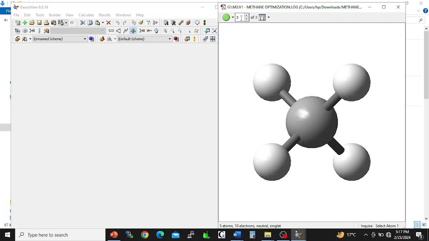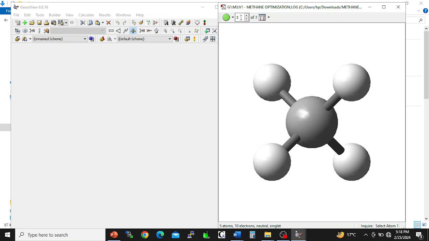The number of steps taken are quite small in this case because this molecule is only a single carbon atom and 4 hydrogen, a small molecule. That's why it took less time. If the structure is getting bigger and bigger and your input geometry is not close to the equilibrium geometry, then the number of steps are increasing.